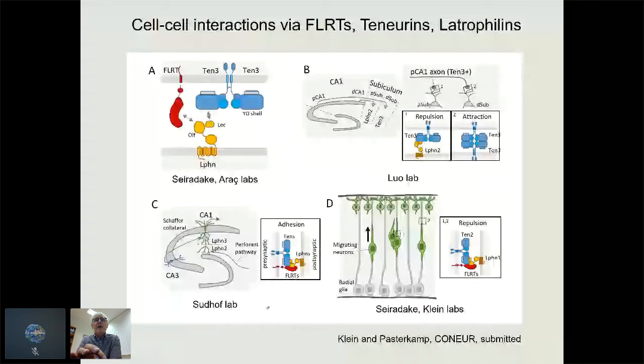Then there's work from the Südhof lab, also in the hippocampus, where they show that the specificity of synapses on CA1 dendrites is also triggered by latrophilins and teneurins and even FLRTs. So the proximal dendrites of the CA1 neurons express latrophilin 3, and they form synapses with the Schaffer collateral axons, while the distal end of the dendrites express latrophilin 2, and they are the target of the entorhinal cortex axons, the perforant pathway.